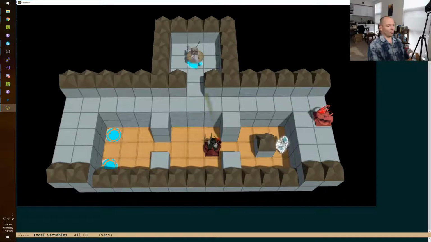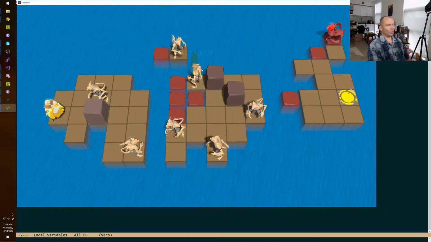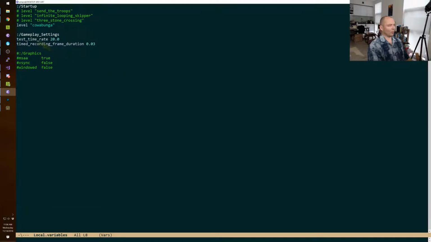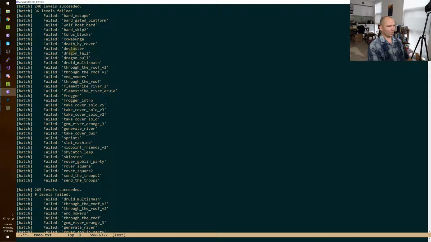I guess the dragons are a little slow. Maybe it's just in general the monster update is slow and we need to fix it. Okay, so I don't know how many levels now we'll test properly. I mean, for all I know, some of the other... I only reset that on monsters. Maybe like rovers have this problem.